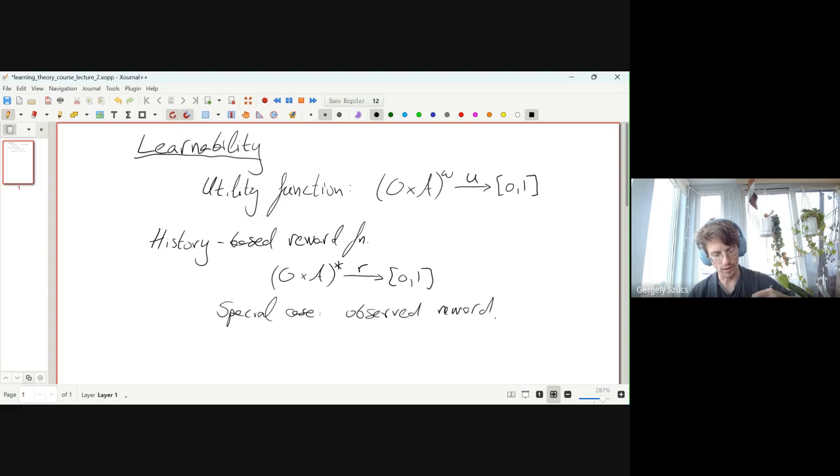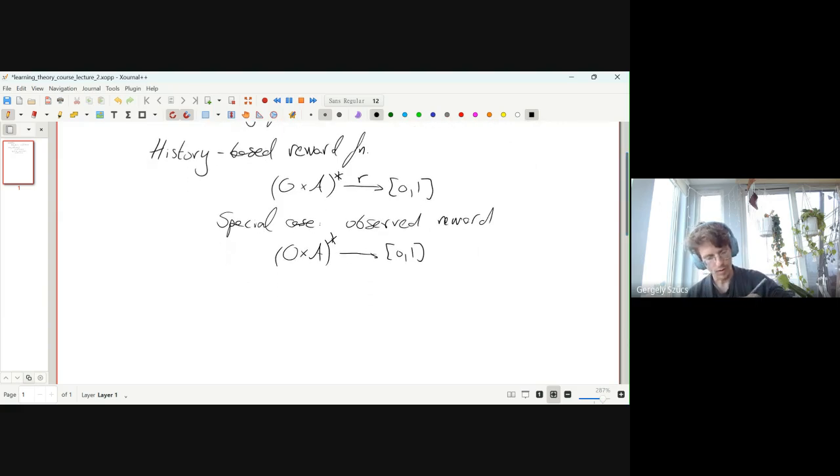One way to think about it is as a special form of this history-based reward function, which basically factors through the last observation.